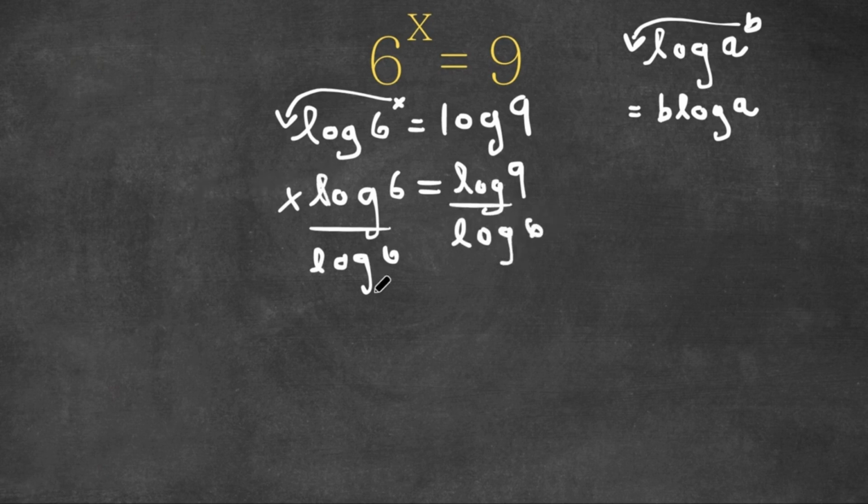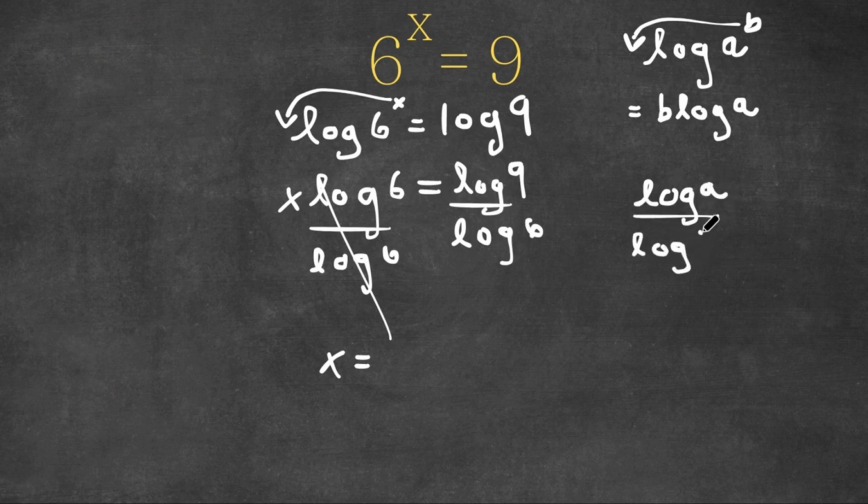Now for our left hand side, these two cancel out and we simply have x is equal to log 9 divided by log 6. However, if we have a logarithm in the form log a over log b, this is also equal to log base b of a.